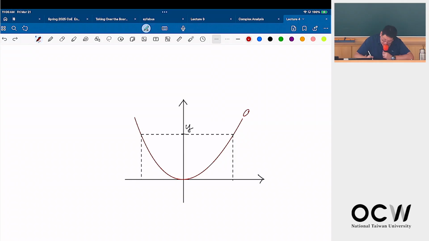This is g of x. And then here we have x1 of y, that is square root of y. Here's x, here's y. And this x2, suppose it's called x2 of y, that is minus square root of y.